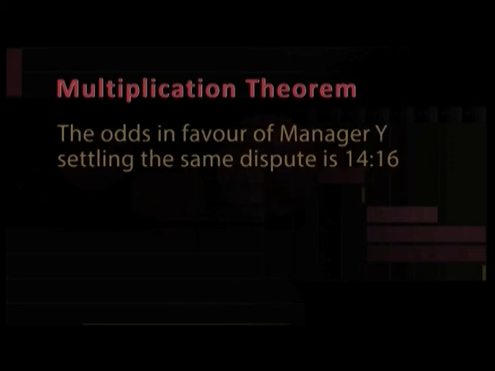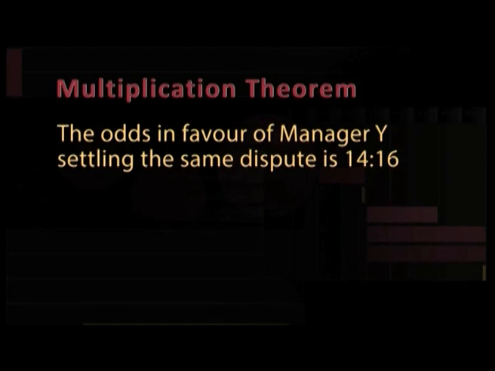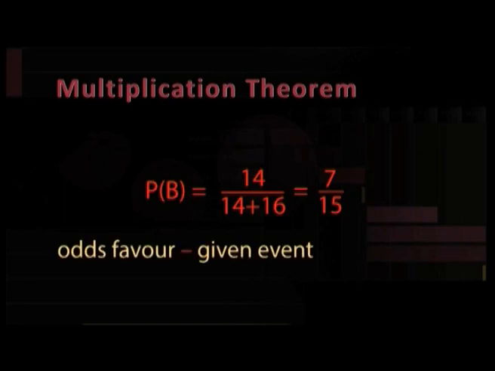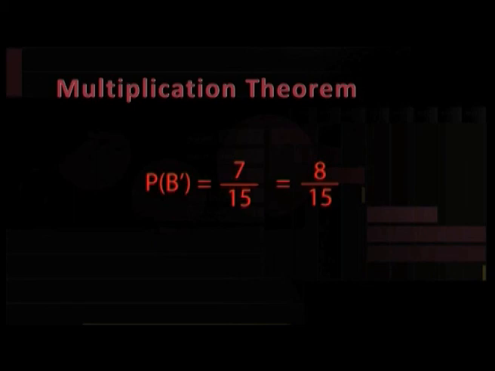The odds in favor of manager Y settling the same dispute is 14:16. Hence, probability of B is equal to 14 divided by 16, which is equal to 7/15. Hence, probability of B complement is equal to 1 minus 7/15, which is equal to 8/15.